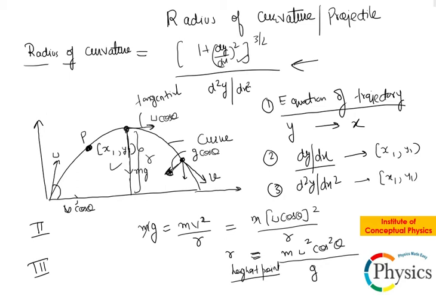And so again, the velocity is tangent and perpendicular to g cos theta, which means mg cos theta is the source of centripetal acceleration here. So this velocity vector should also be known to you, and you can use this velocity vector, which obviously will have two components, Vx and Vy. And you can again calculate mg cos theta is equal to mv square by r and find the radius of curvature at any point.